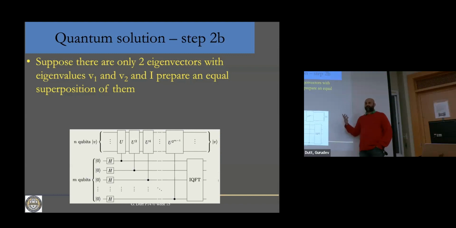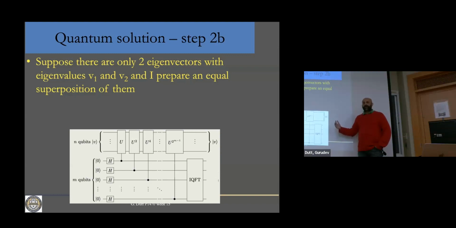So we see in this particular approach to order finding, I have to try the algorithm multiple times because I prepared an equal superposition of all the eigenvectors. When I run the algorithm, I'll get one of the answers at the end when I collapse it.